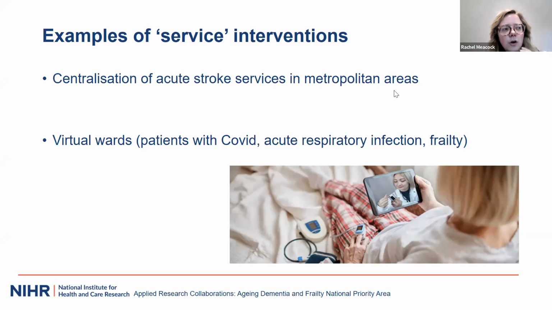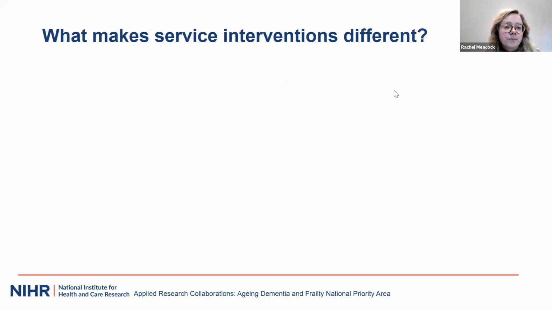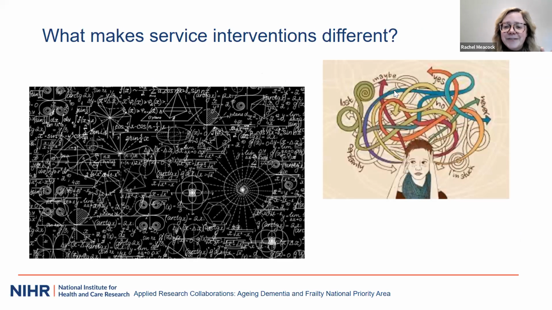Again, that's a total reconfiguration of the services that are being provided. That's what I mean when I'm talking about service evaluations. So what makes them different? Why can't we just take those nice rules and apply them? Any of you who've tried to do these sort of things will know that the real world is just really messy and it's really complicated.